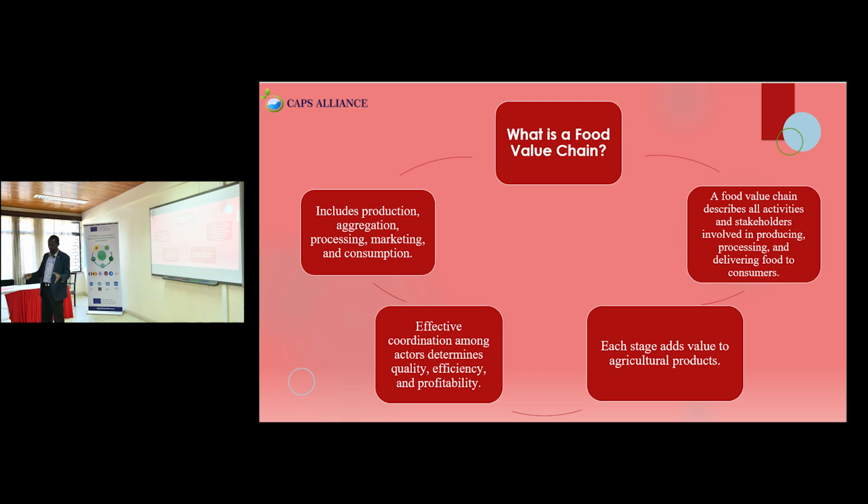First of all, you form groups where others can supply tomato. Okay, we are using this tomato. Others can do the processing, then the value addition, and then you get the market. You need to get the market, because without the market, what will happen? So those are some of the things that we need to understand.